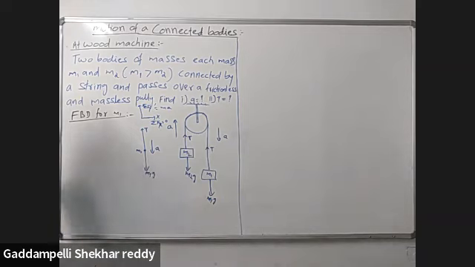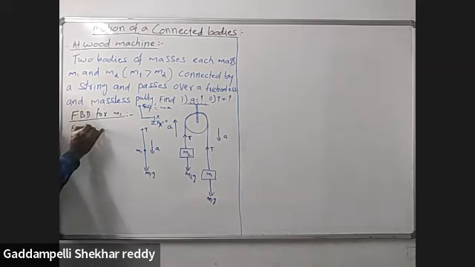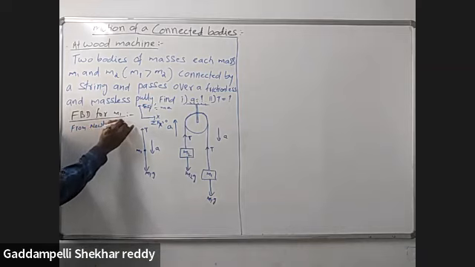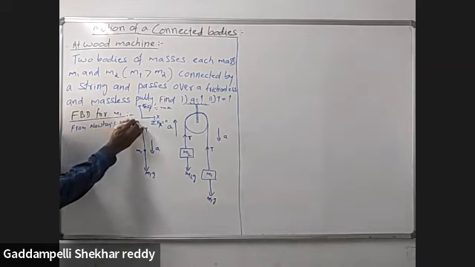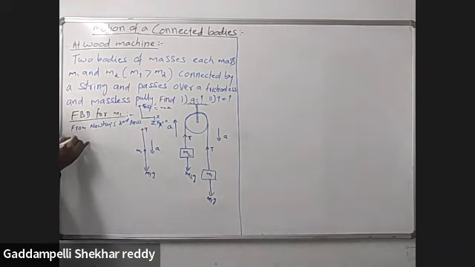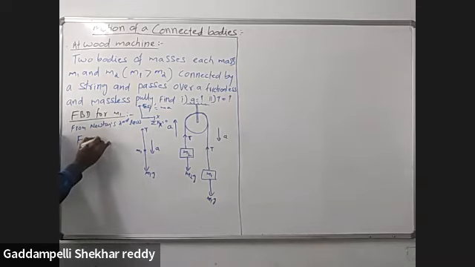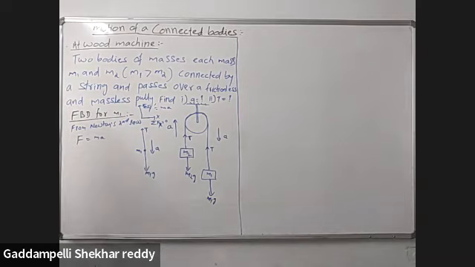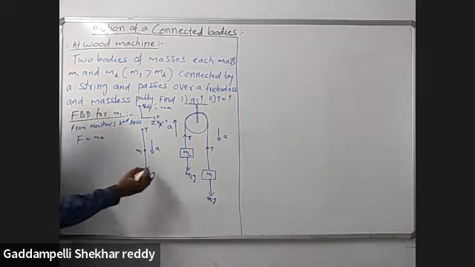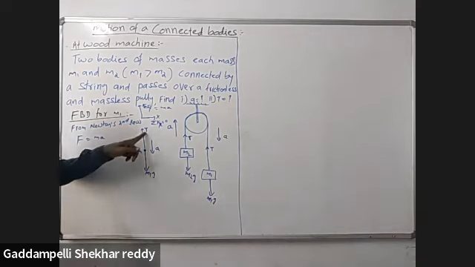Now write the equation from Newton's second law of motion: the summation of F is equal to ma. Since the body moves down, m1g is greater than the tension.